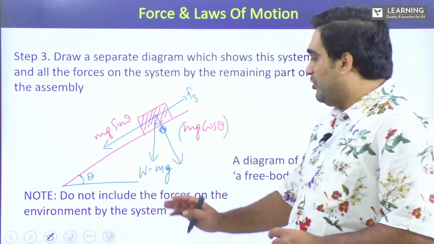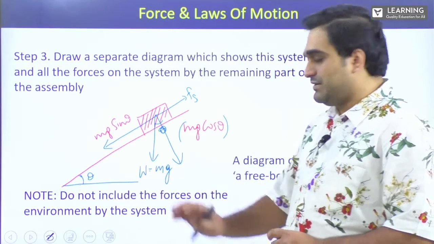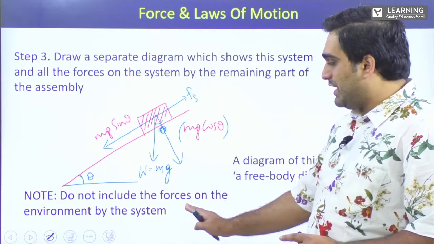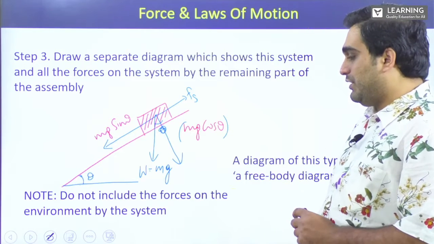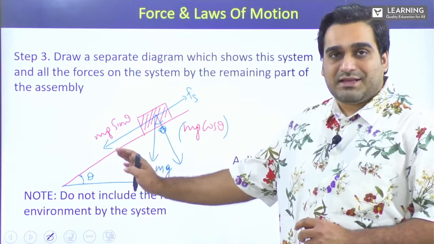Important note: do not include the forces on the environment by the system. These types of forces must be avoided. Now, step number 3 is complete.